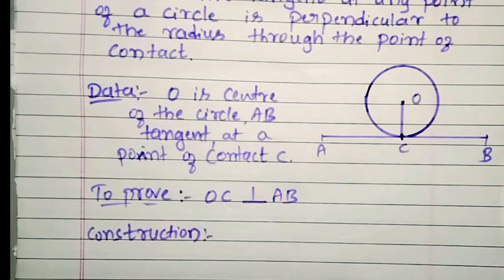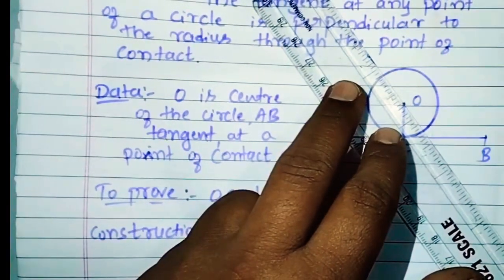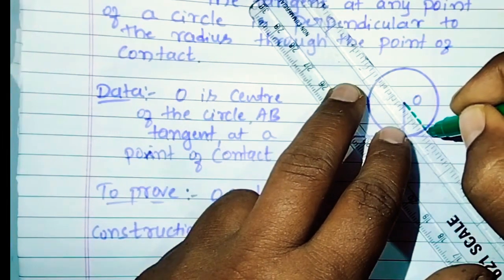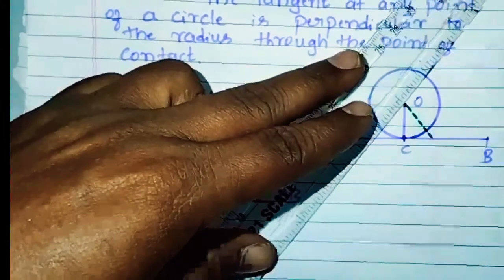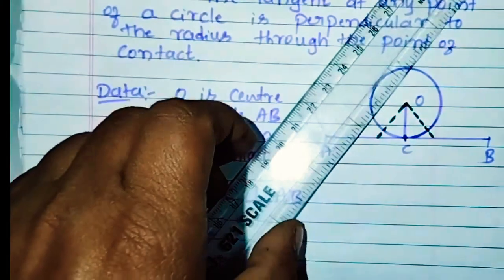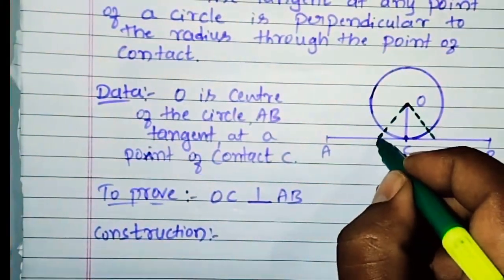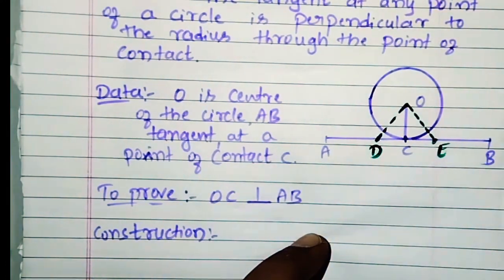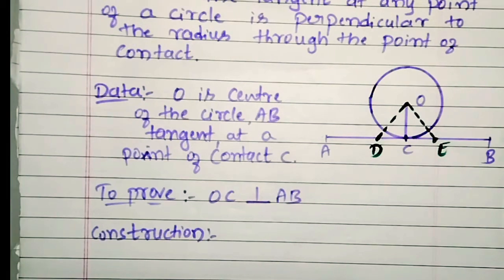Construction. Look here, that is what I will write in the construction. Now by using a scale, I will extend the line on either side of C. I will mark these points: this is D and this is E. What I did, you have to write in the construction.